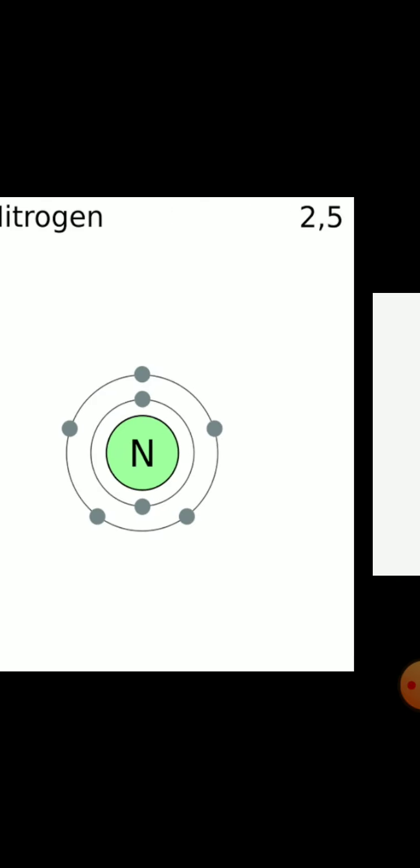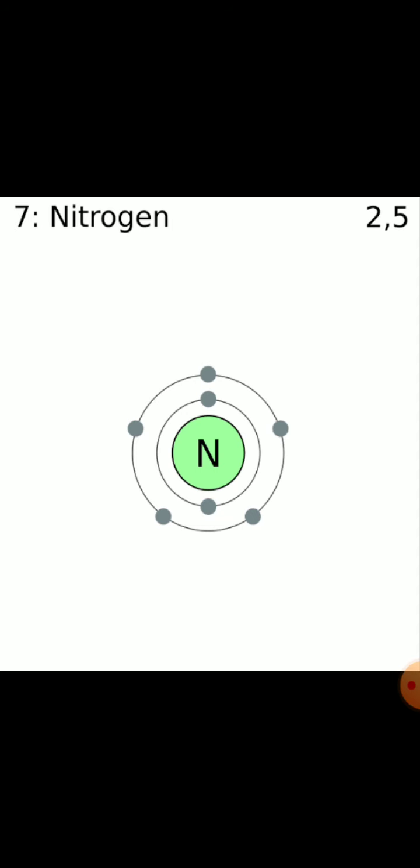In the same way, all these elements present in period number 2 have the same number of shells. So here we got another property, that the elements present in the same period do not have the same number of valence electrons, but they have the same number of shells. Please remember this property.